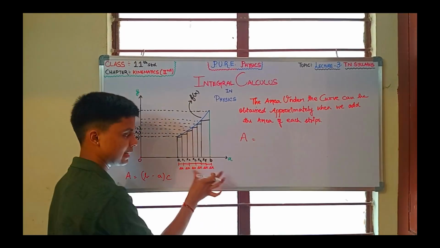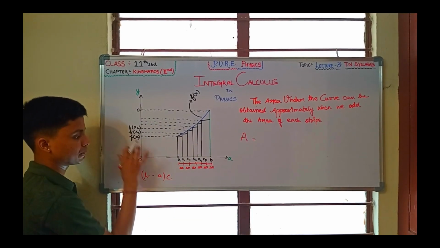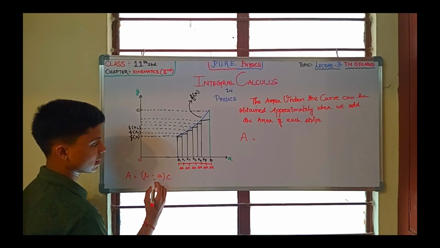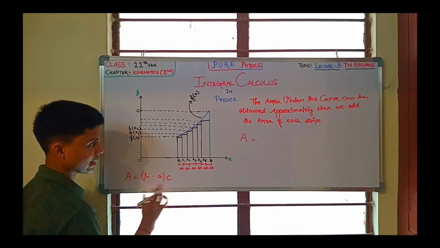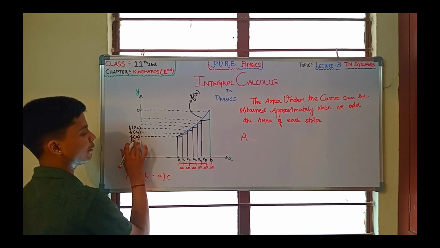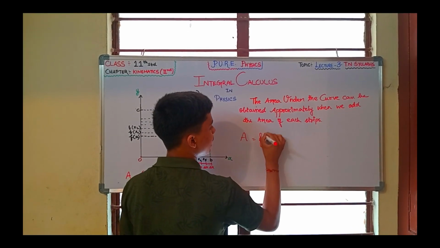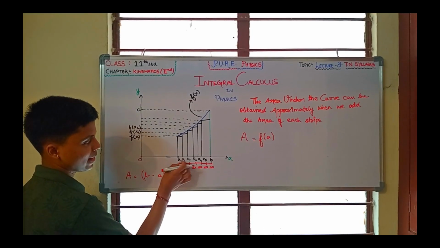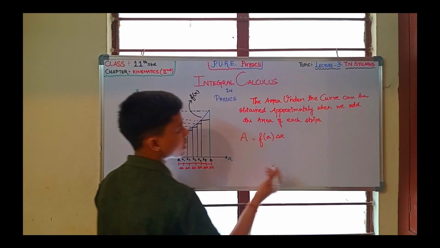Now this f of a is the breadth, so b minus a is nothing but delta x. That is, point x1 minus a is delta x. So in the place of c, I'm going to put f of a for point a. For point a, I'm going to substitute f of a into the distance between x1 and a, this delta x.